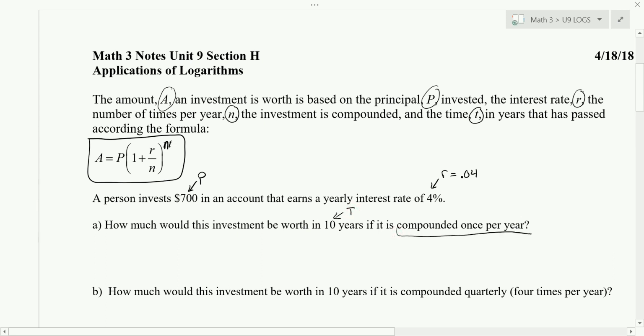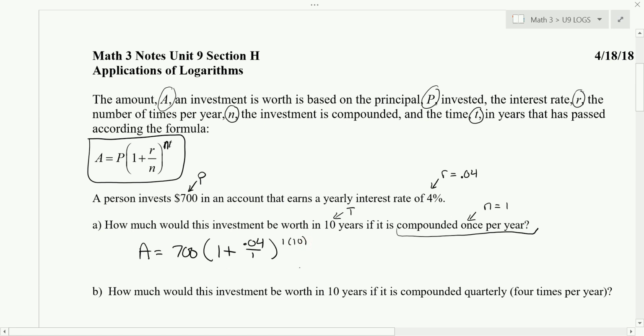Here we're not going to really talk about what it means to compound. In part B, I'll get into it because we're going to compound it 4 times a year. So just know in this one, n is 1, which means they're going to pay that interest out only one time that year. Plugging this in, your amount is $700 times 1 plus your rate, 0.04 divided by 1, to the power of 1 times 10.